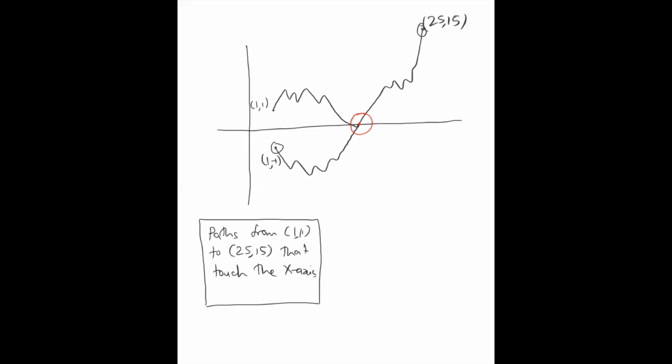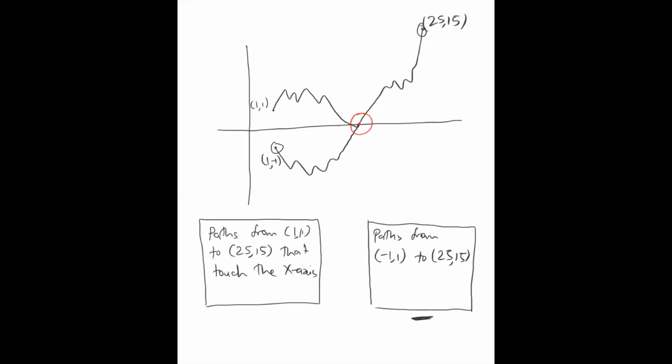And on the other hand, we've got this other box, which contains paths from minus 1 comma 1 to 25 comma 15. And remember, there is no restriction on the second box. It contains all possible paths from minus 1 comma 1.